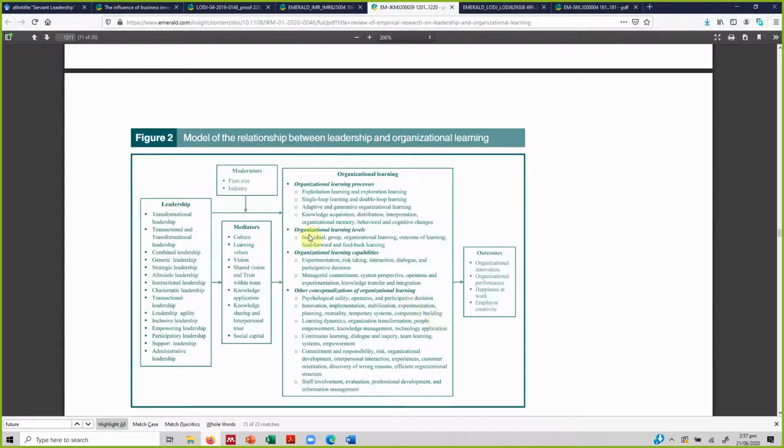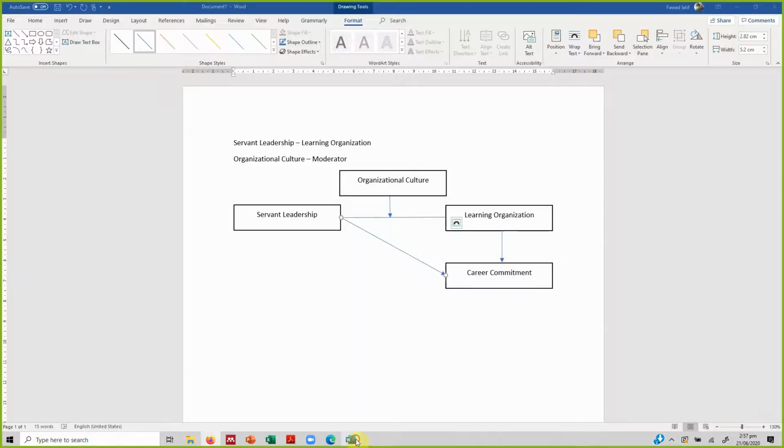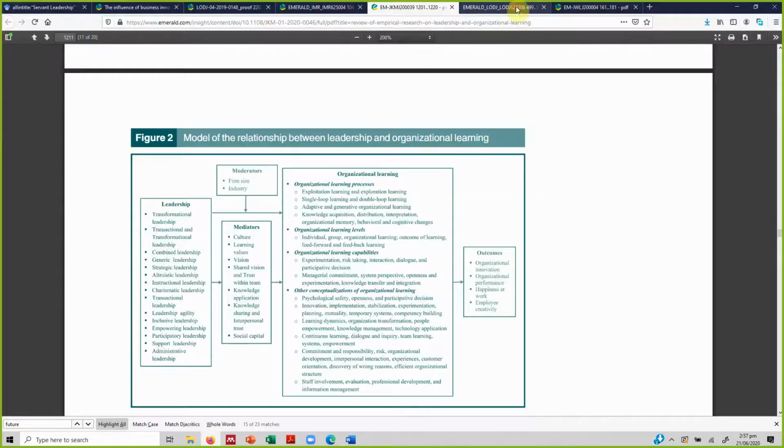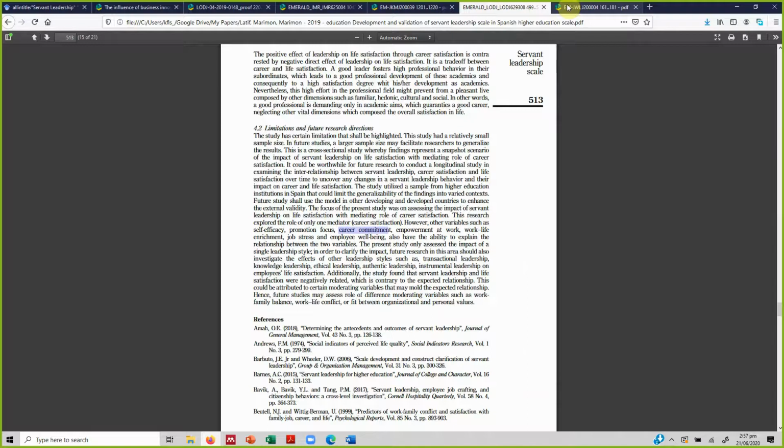For instance, let's say I take on organizational innovation, and because I checked the internet, the databases, I couldn't find any study, maybe. So I could add organizational innovation in my model. Or what I can do is, I've got another paper here.